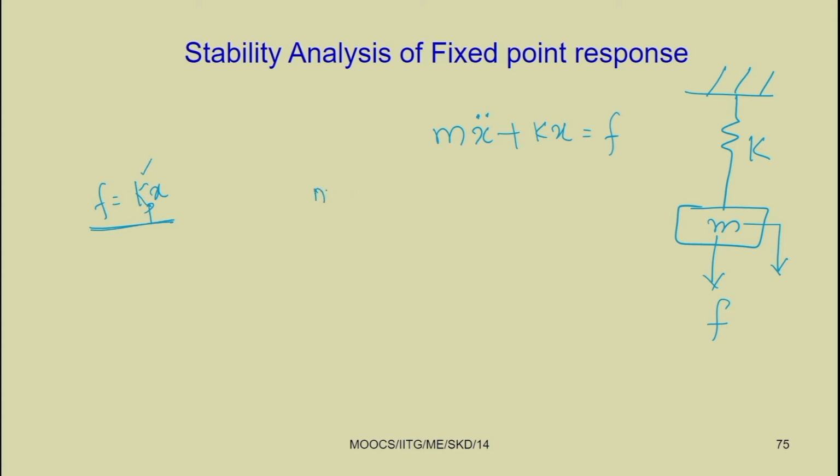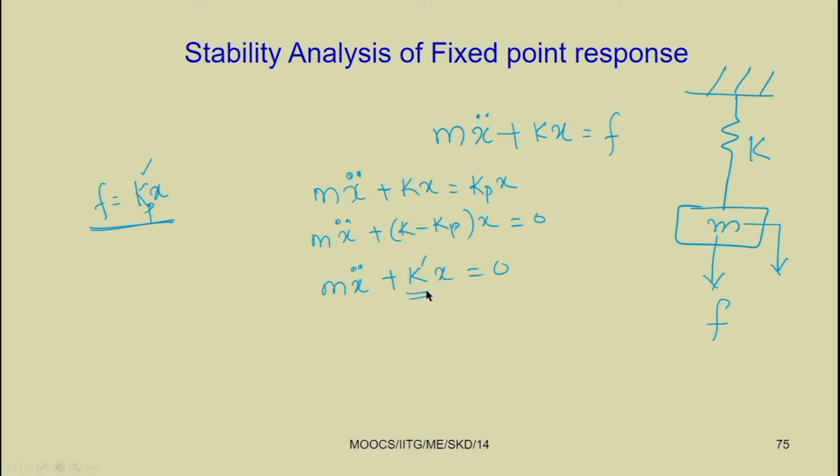So, this equation can be written mx double dot plus kx equal to Kpx. Or it can be written mx double dot plus k minus Kp into x equal to 0. Or it can be written as mx double dot plus k dash x equal to 0.